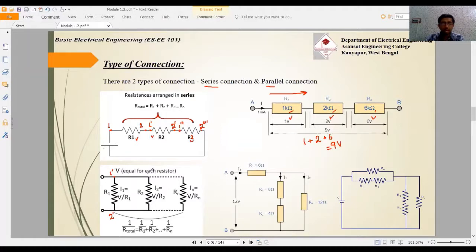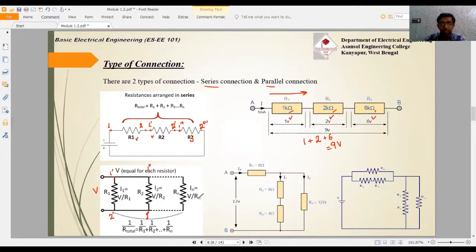Okay, for R2, this is your 1 double dash, this is your 2 double dash. So as you can see, all the first terminals are connected and all the second terminals are connected, and across these resistances the voltage is always the same. Across R1 the voltage is V, across R2 the voltage is V.